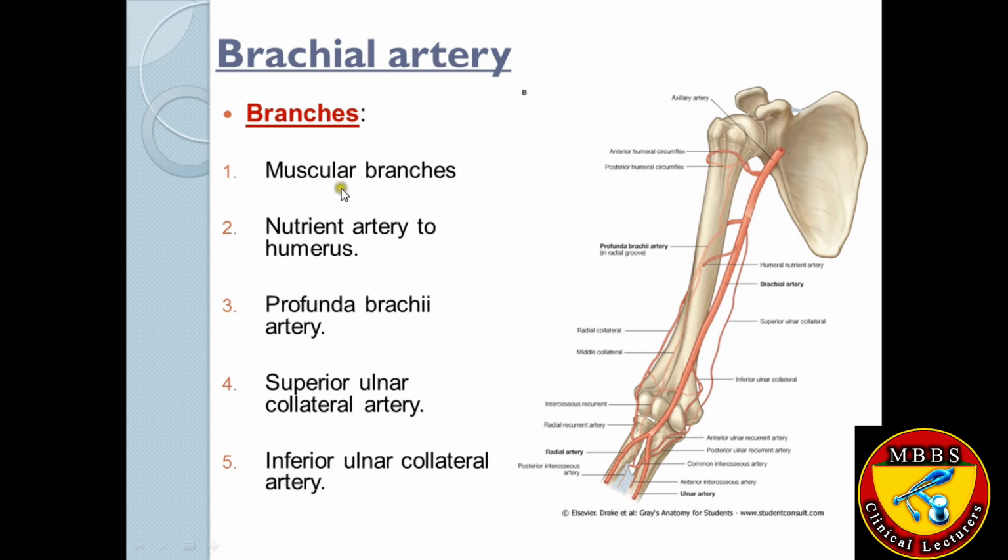So altogether it gives 5 branches: muscular branches, nutrient artery to the humerus, profunda brachii artery for the posterior compartment, superior ulnar collateral artery, inferior ulnar collateral artery.